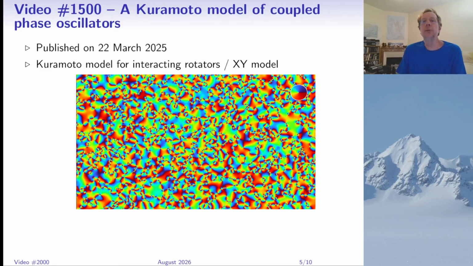In dimension 2, the system is actually equivalent to what is known as the XY model in statistical physics, where the different angles describe orientations of spins, which can turn in the plane but always have the same length.